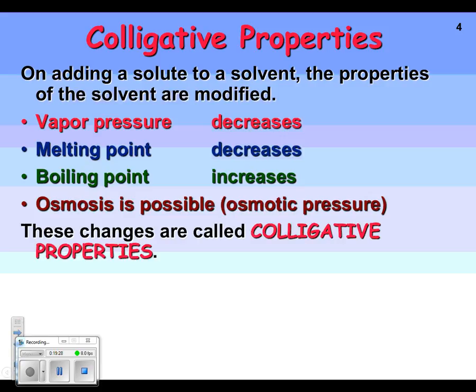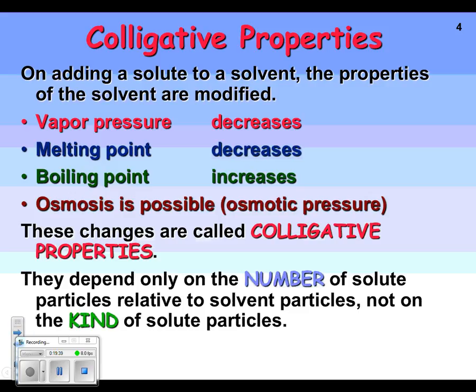These four changes are what we call colligative properties. So these are all encompassing of colligative properties. They depend on the number of solute particles relative to the solvent particles, not the kind of solute particles, and that's going to be important. So I'm going to pause this, let you write this down, and then we'll move on.